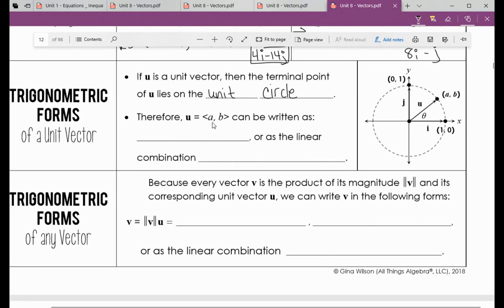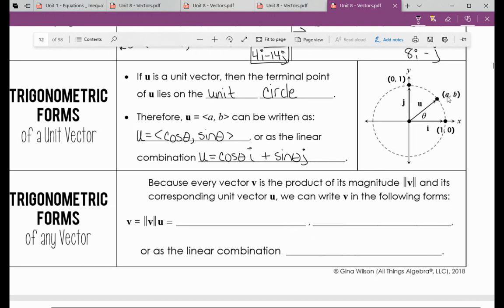Therefore, when you have u equal to the component vector a, b, it can be written as u equals cosine of the angle, sine of the angle. Okay? And as a linear combination, that would be cosine theta i plus sine theta j.